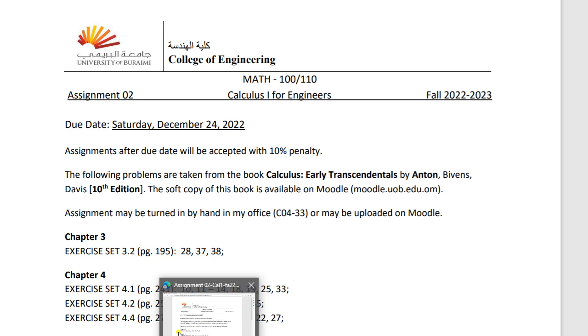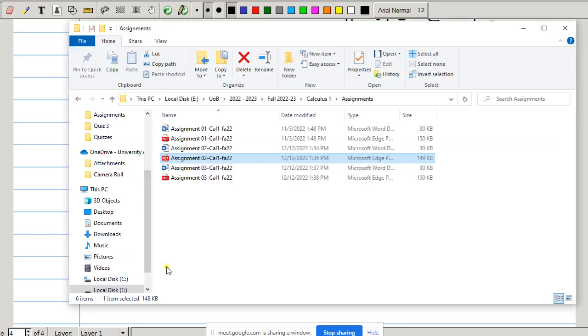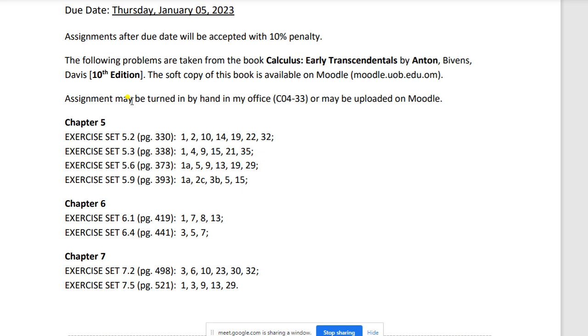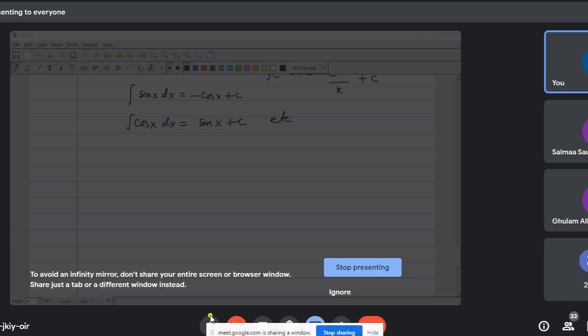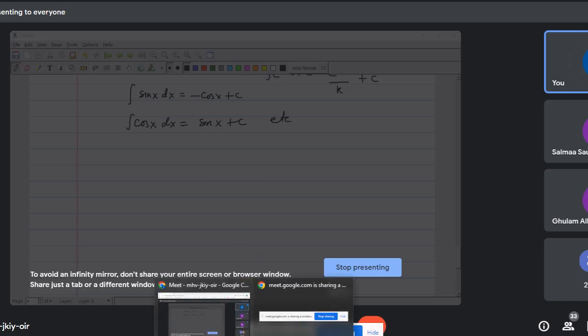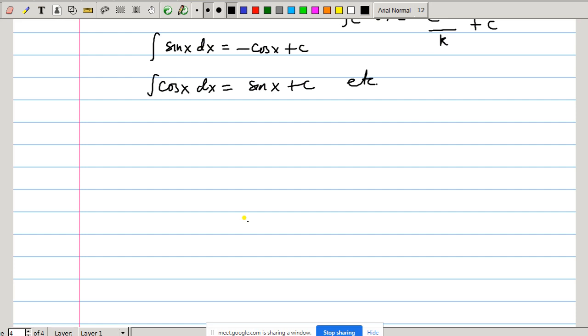For example, in assignment 3, section 5.2, I think I have question numbers 1, 2, 10, 14.